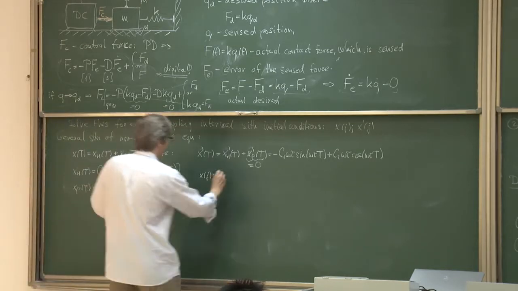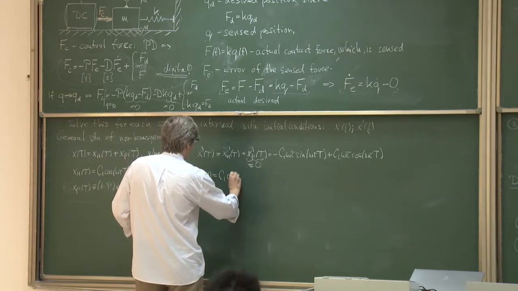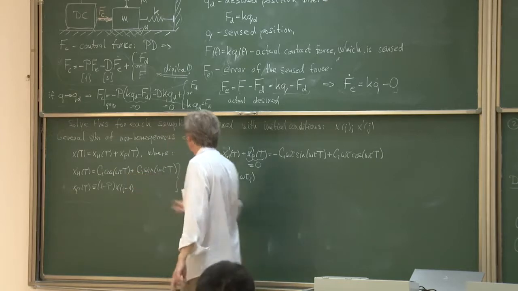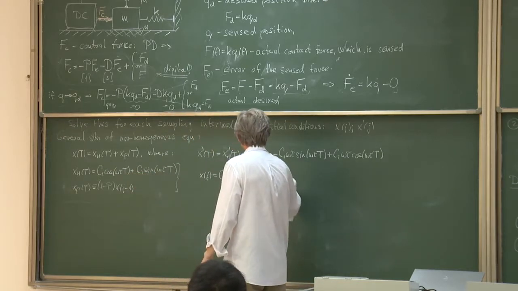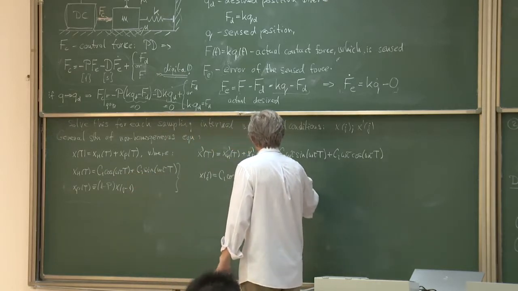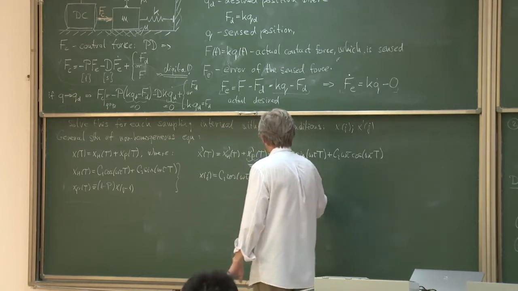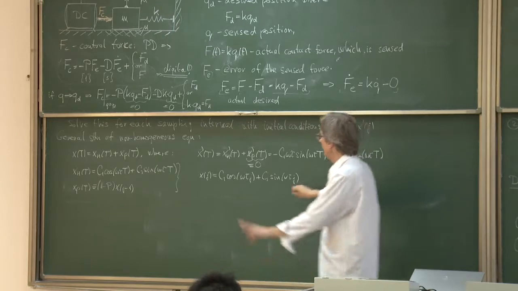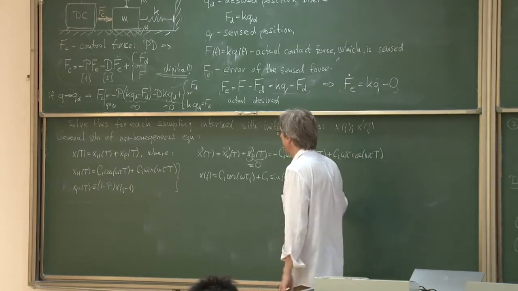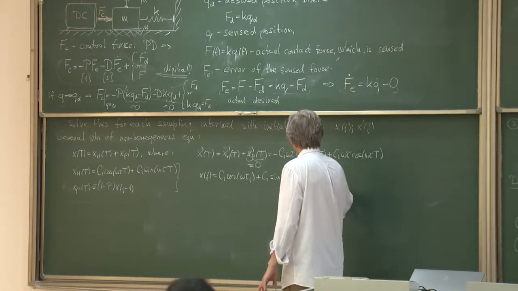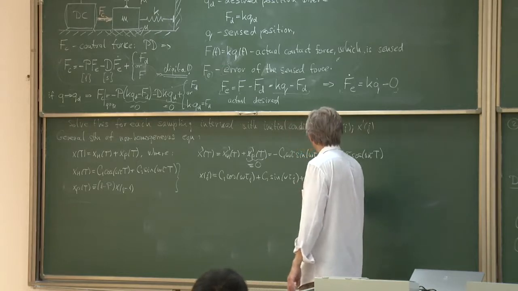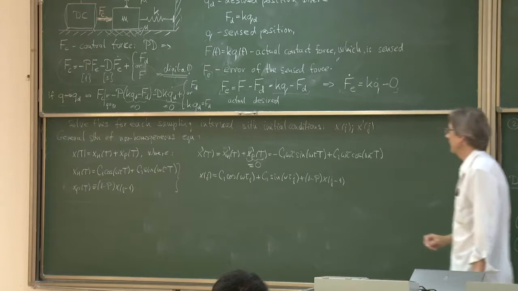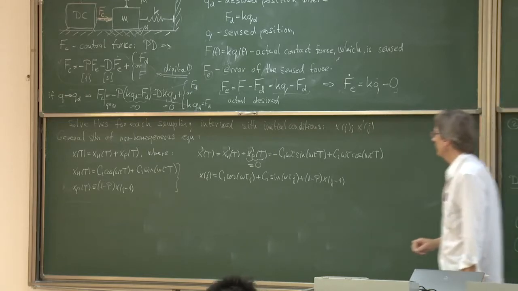So it will be C1 times cosine omega tau j, okay, plus C2 times sine omega tau j, and plus the particular, which is plus 1 minus p times x at j minus 1. Okay? It will look like that.